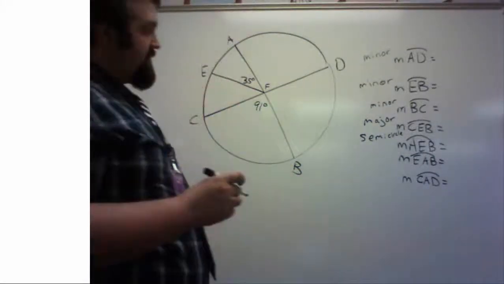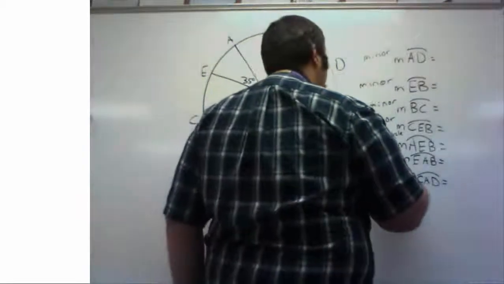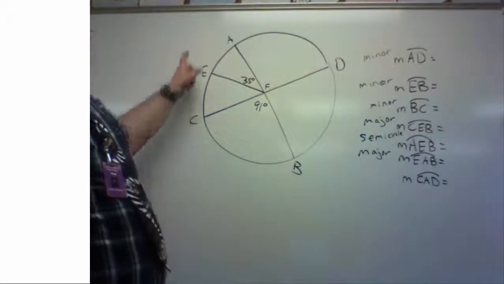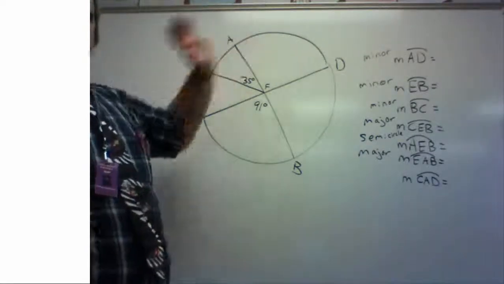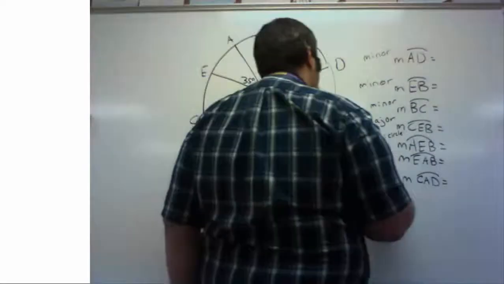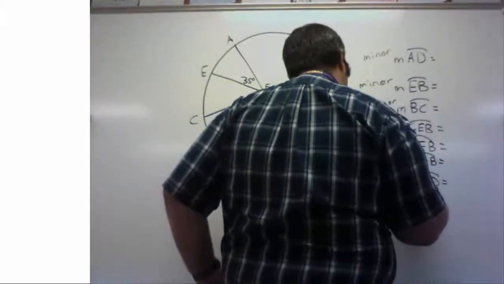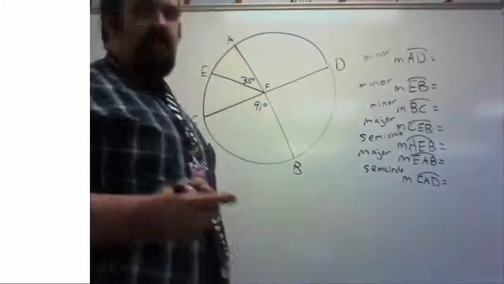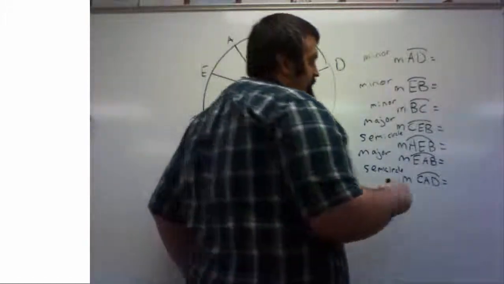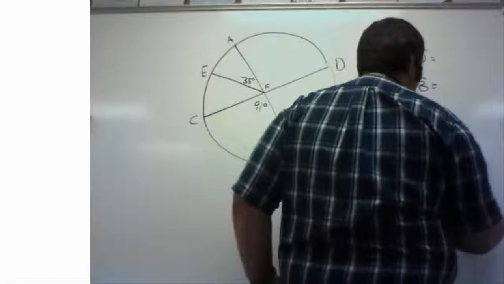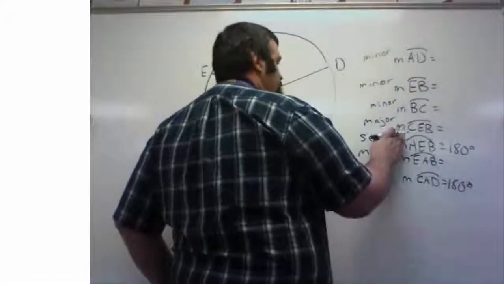EAB, more than half the circle, it's a major. And arc CAD, segment CD is a diameter, it's half of a circle, it's a semicircle. Now, if I know it's a semicircle, automatically I don't have to do any other calculations. This is 180 degrees, this is 180 degrees, because both of those were semicircles.